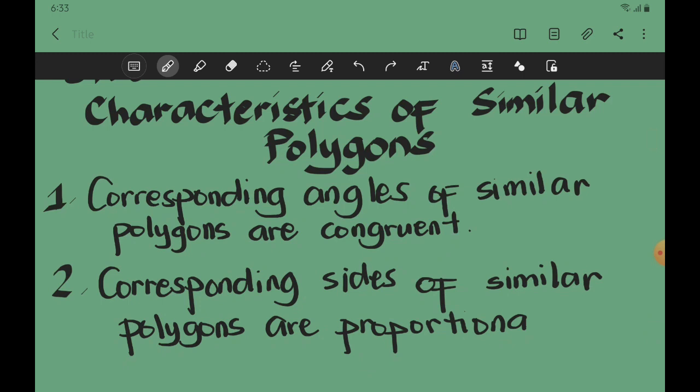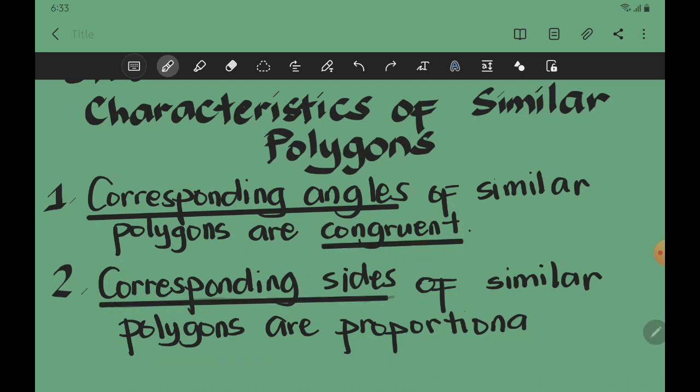So you must remember that when it comes to angles, or corresponding angles, they must be congruent, while when we are talking about sides, they must be proportional.